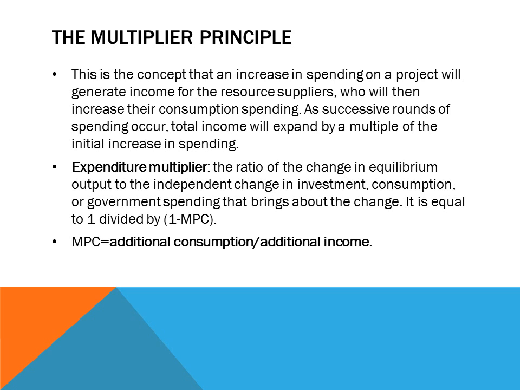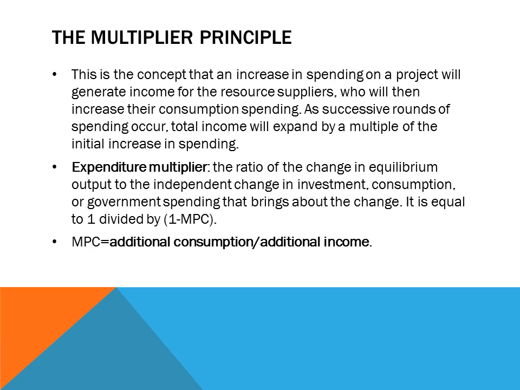So if you have a construction project to build a bridge, not only do you have to buy materials and pay workers, but then those workers will turn around and spend money elsewhere in the economy, and it will continue to multiply. So they use an expenditure multiplier, which is simply the ratio of the change in equilibrium output to the independent change in either investment, consumption, or government spending, which brought about that change.